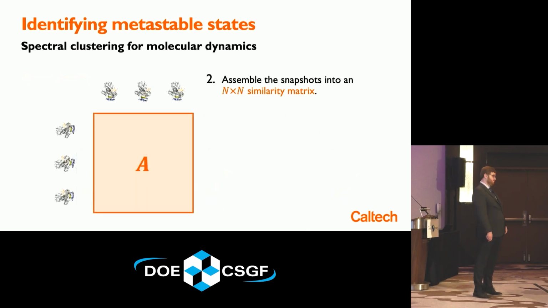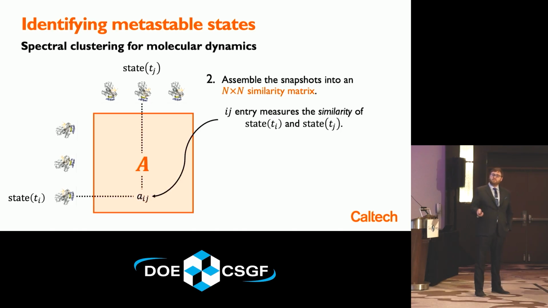Now, the real conceptual trick of this algorithm is to then take these n data points and assemble them into an n by n similarity matrix. And by a similarity matrix, I just mean that if I look at row i and column j of this matrix, so the A_ij entry, that's going to be some quantitative measure of the similarity of the state at time i to the state at time j.